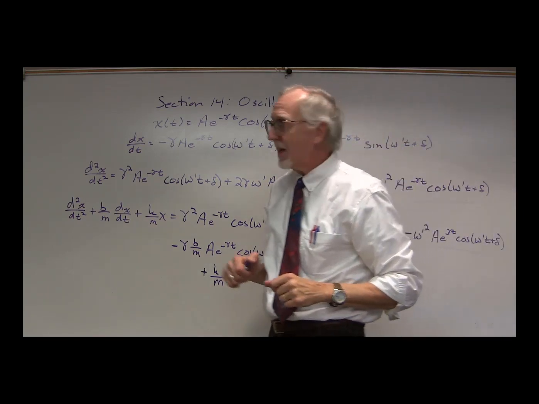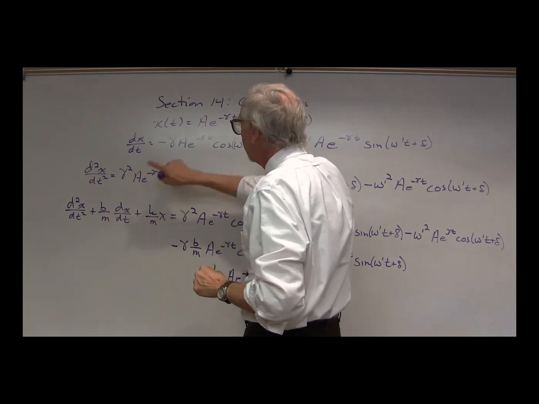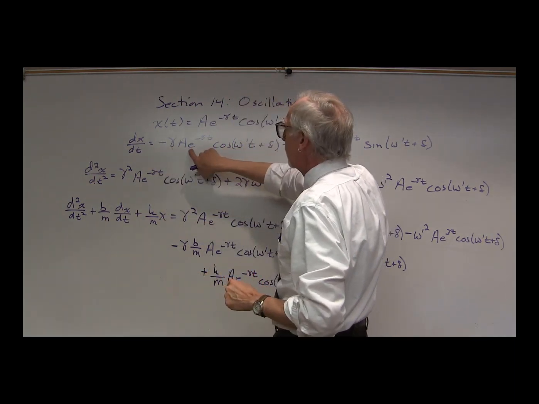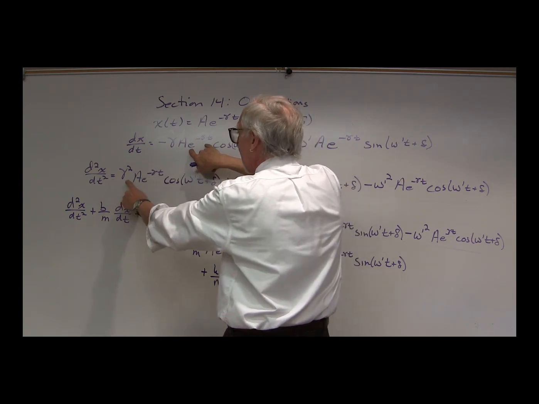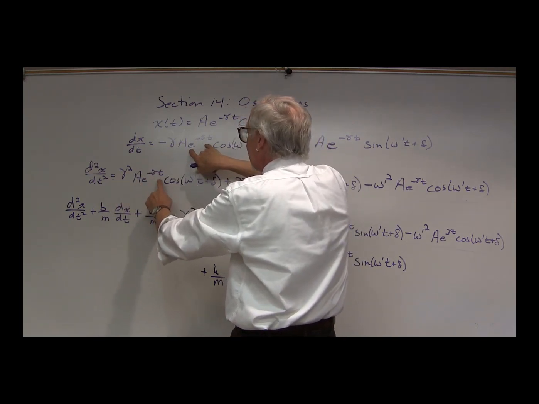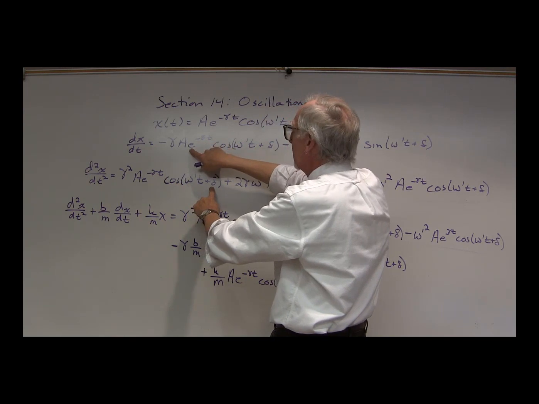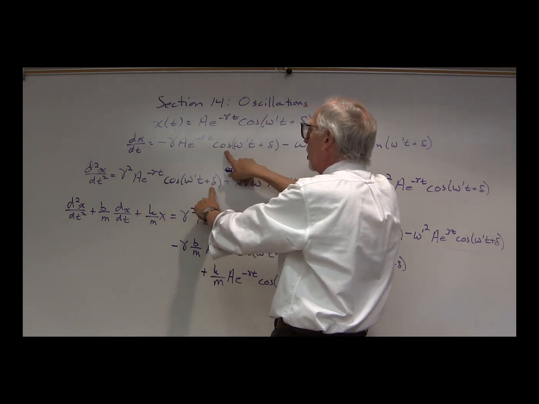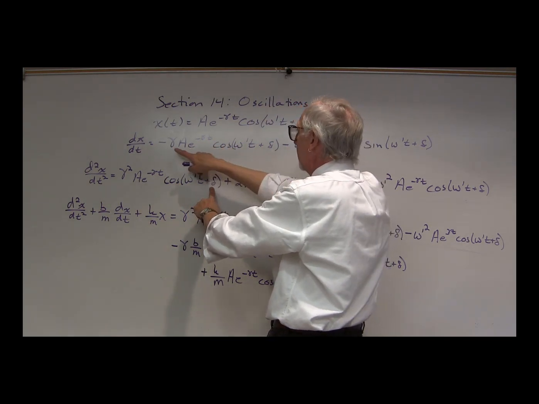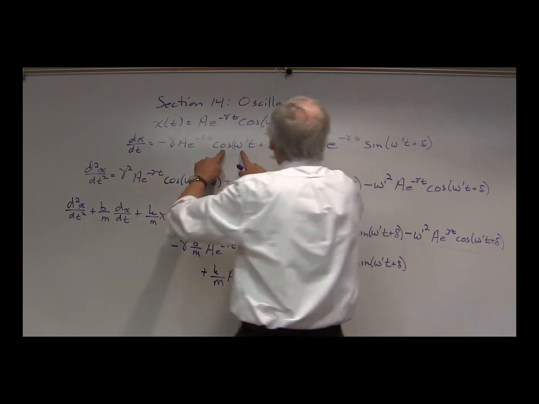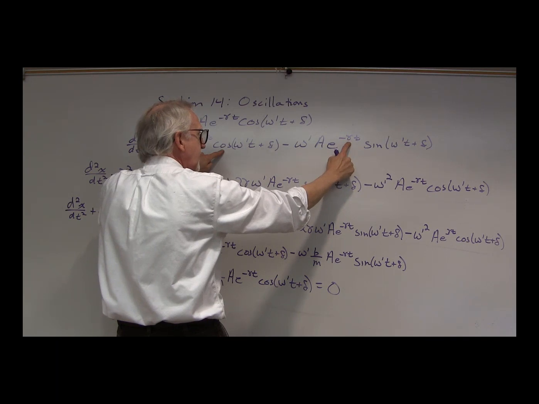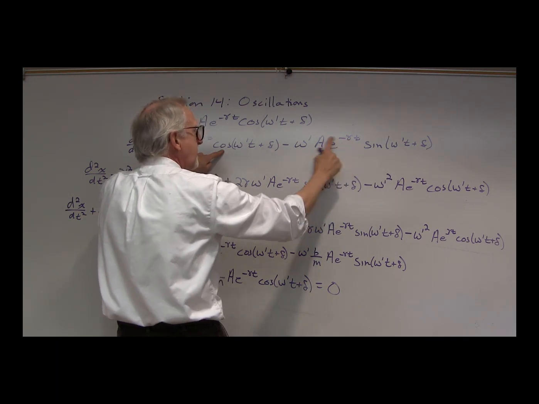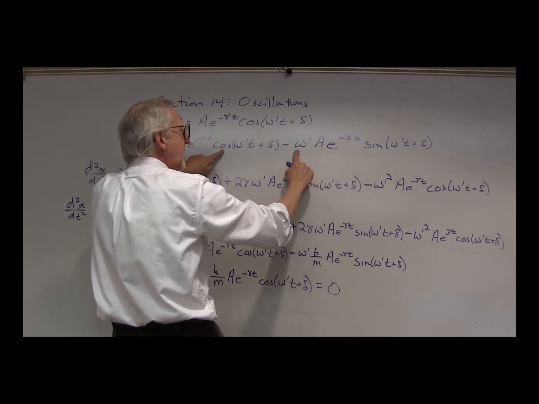Then differentiating that to get d squared x/dt squared, again we've got two terms. We'll differentiate the exponential, bringing down another factor of minus gamma. So we have gamma squared A e to the minus gamma t cos(omega prime t plus delta). Differentiating the cosine brings out another factor of a minus with an omega prime. But over here, when we differentiate the exponential, we bring down a minus gamma, which gives us the same term here.